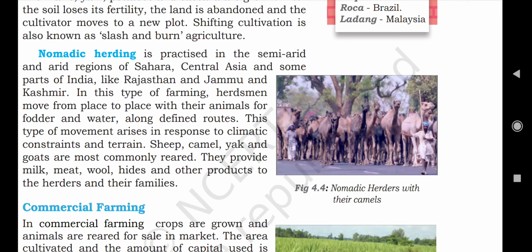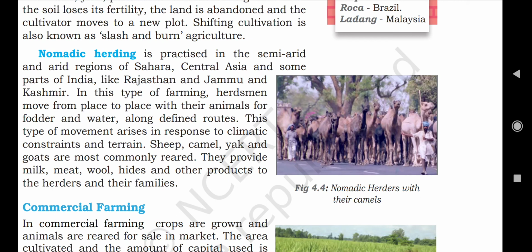This type of movement arises in response to climate constraints and terrain. For these kinds of people, if we talk about Gujarat, Charotar is the best place. The people who come from Kutch or Kathiawar prefer this type of farming in Charotar, because here all the fodder and water is available for their herd.